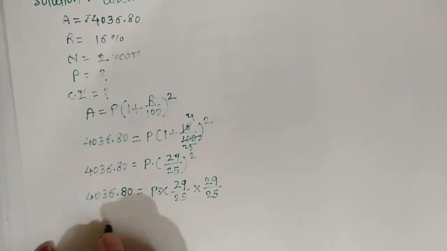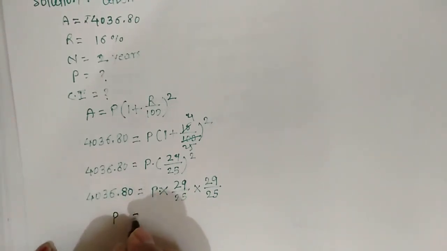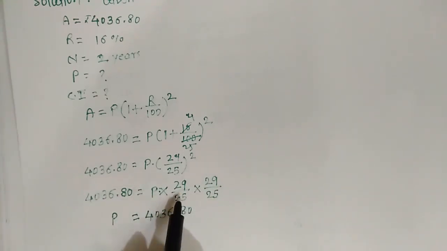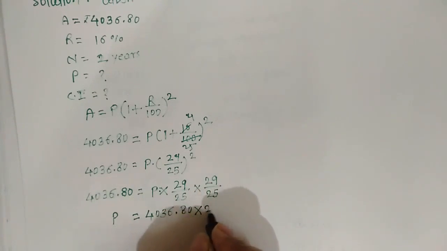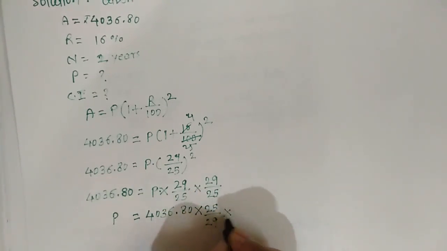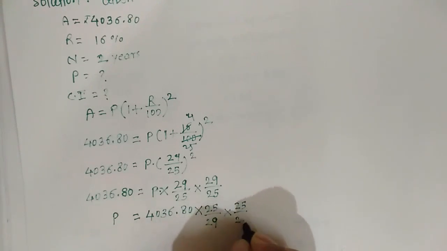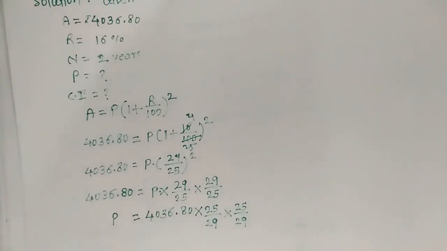Now P, take it to the left side, is equal to 4036.80 as it is. Now take the reciprocal of 29 upon 25. So it becomes 25 upon 29 multiply by 25 upon 29.